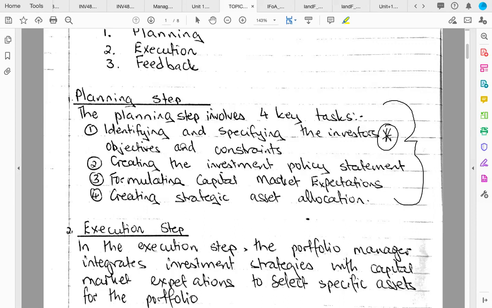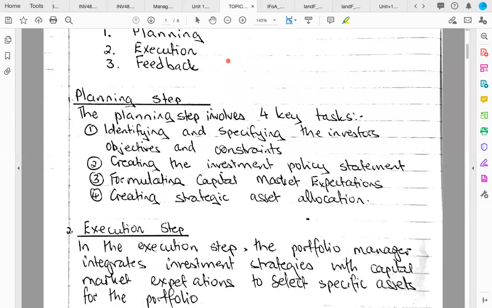That's going to be part 1. And then part 2 of the class is going to take you through the constraints, as well as explaining briefly on the investment policy statement. And then the later classes will look at formulating capital market expectations and creating the strategic asset allocation.